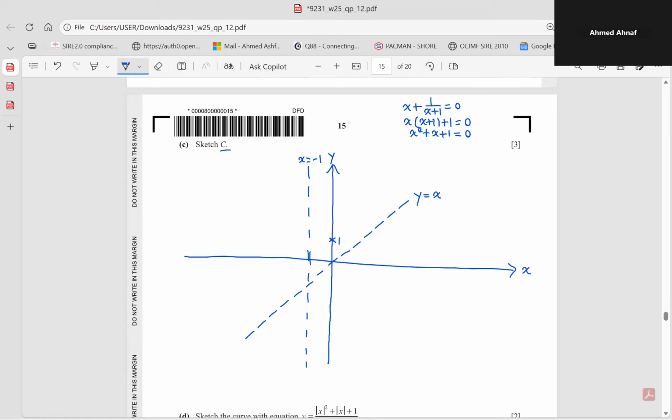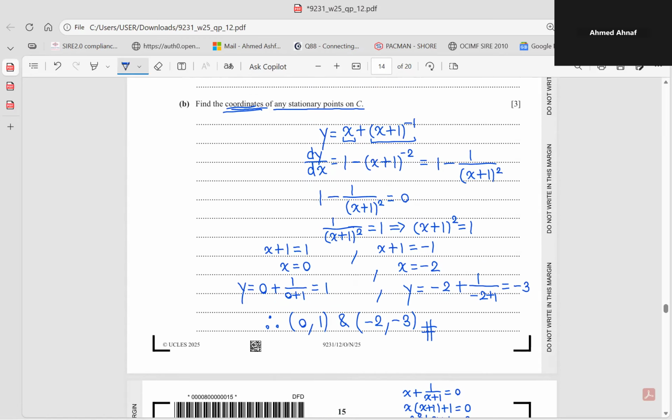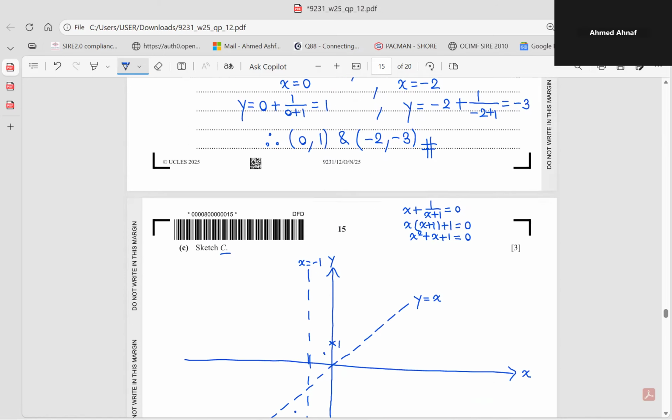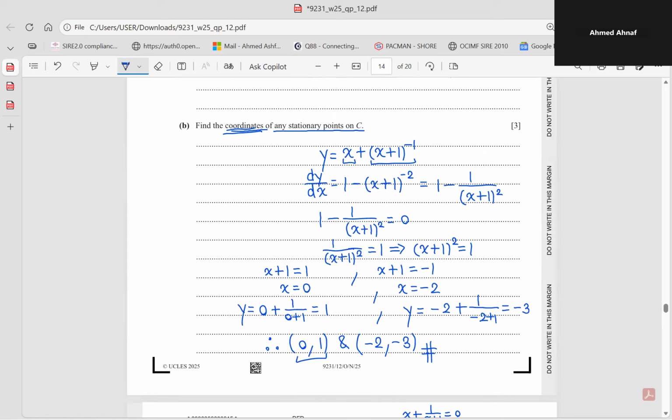So therefore, our curve is only going to be here and here, in these branches. And you also have to take the minimum points into account. For here, the minimum point is actually the y-intercept, so that's going to be the turning point. To kind of redo that: this is this for this branch, and then for this one it's (-2, -3).